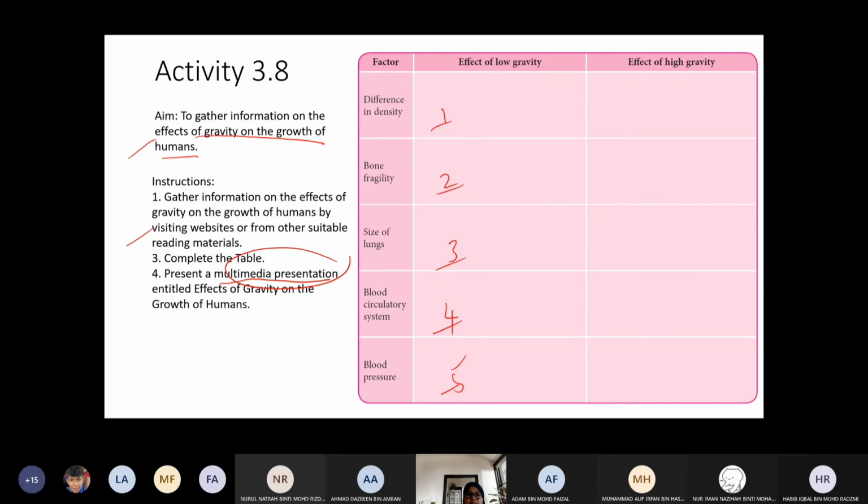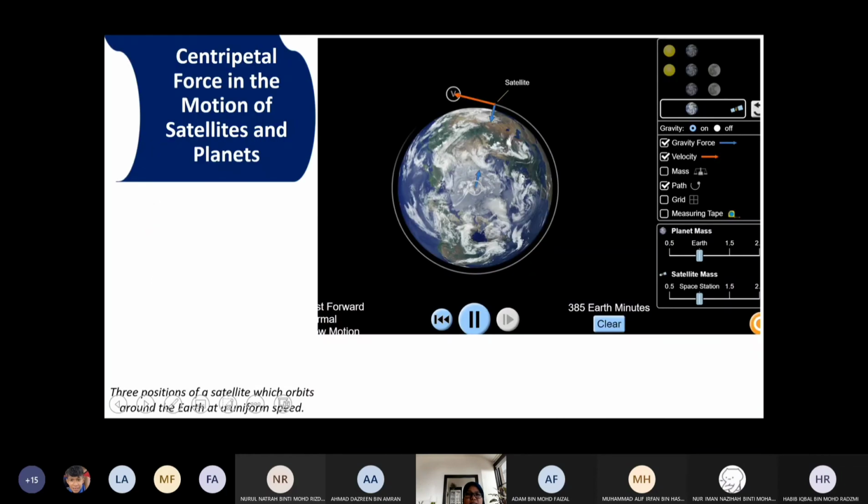Okay, and then this one, okay, centripetal force. Okay, this is a new term for you. Okay, centripetal force. Tak sangat new lah. Kalau awak ambil IGCSE, kalau awak sempat belajar, okay, awak tak ambil IGCSE, but if you have learned about centripetal force, haven't you?